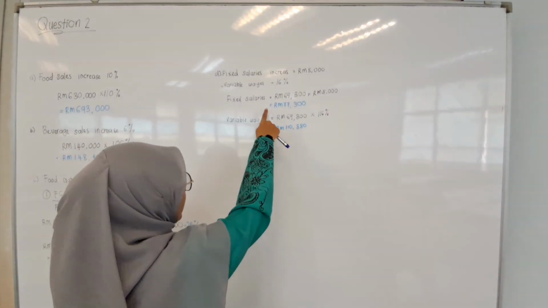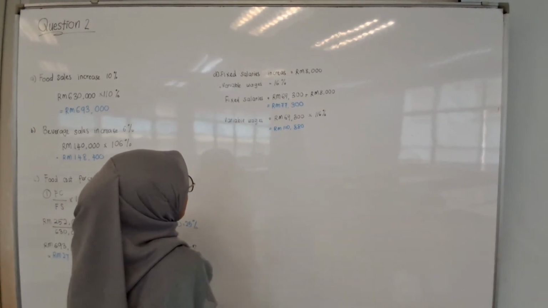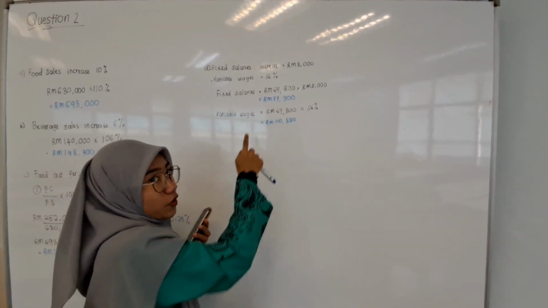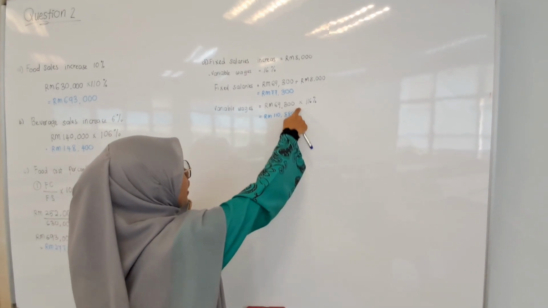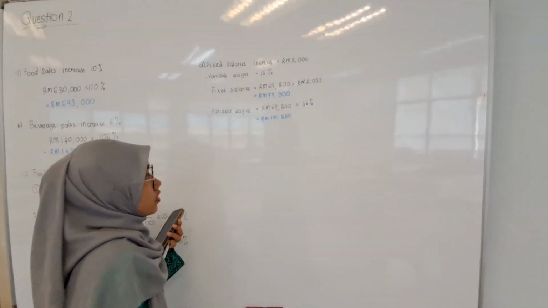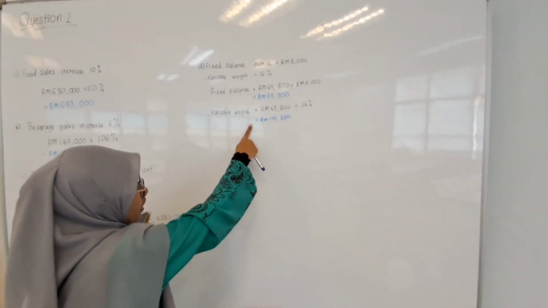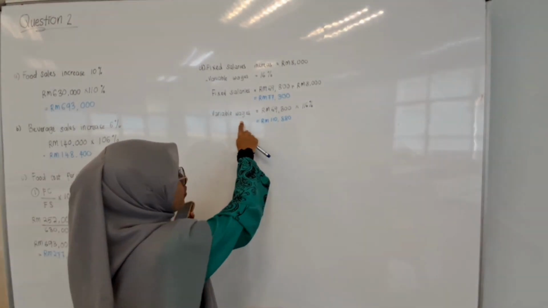So we get this answer for fixed salaries. And for variable wage, we also take this from the data and multiply by 60%. So we get this answer for the variable wage.